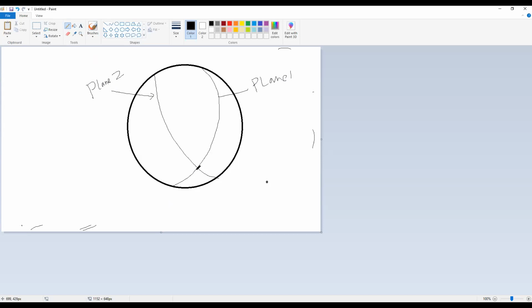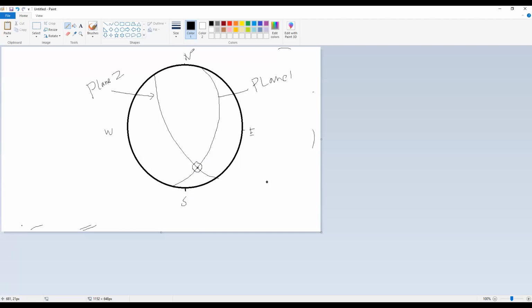So these two planes intersected each other here. Now, if I ask you a question, what is the orientation of this particular point? That is the orientation of this line of intersection. This is south, this is east, this is west, this is north.